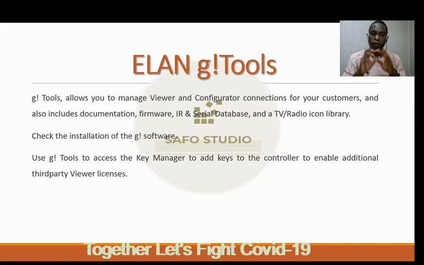What that viewer license means is that you can view your controller from your phone. So it means that only 3 devices can view the controller, can have access to the viewer, when you don't activate with the keys.